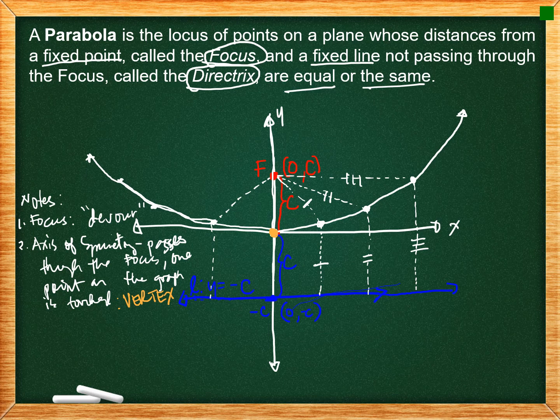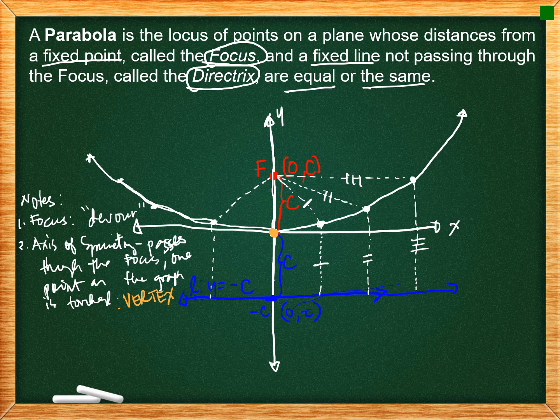As you can see, from the vertex going to the left side of the parabola, the value is increasing, and going to the right, the value is also increasing.